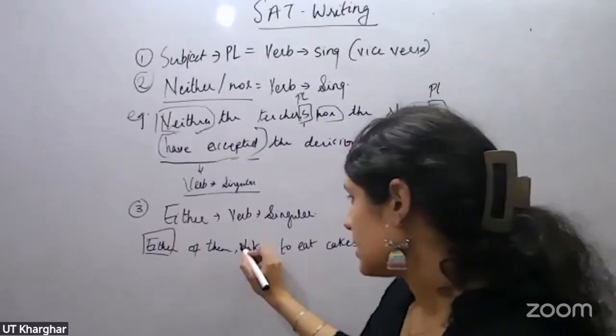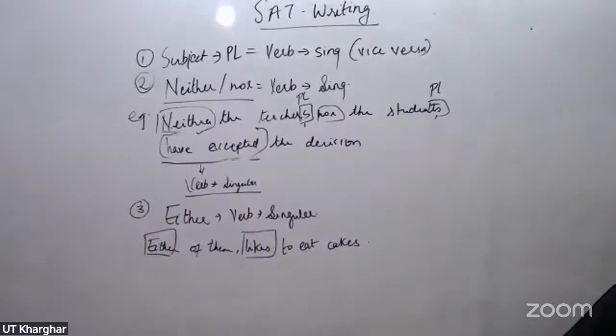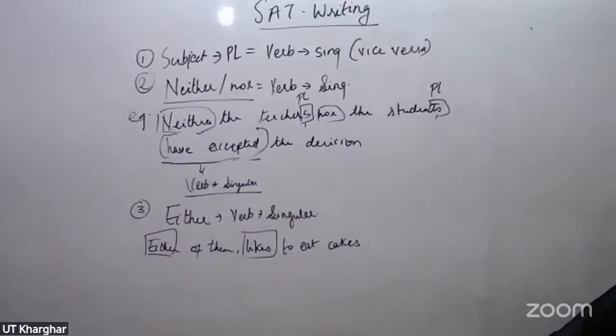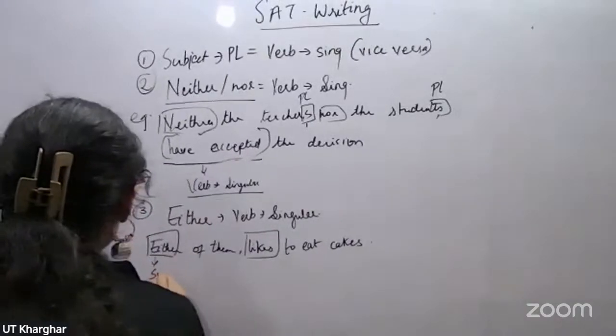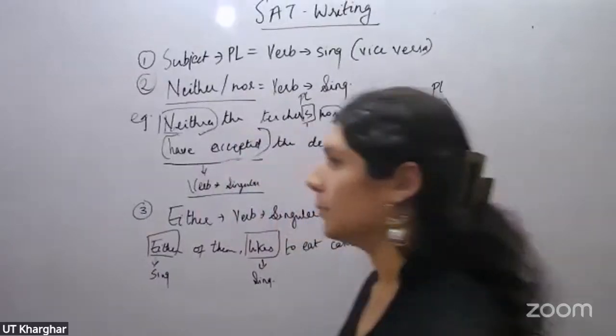Now remember this. We have the verb likes. So is likes singular or plural? Yes, perfect. But here again, we are talking about a singular subject, and here we have a singular verb.